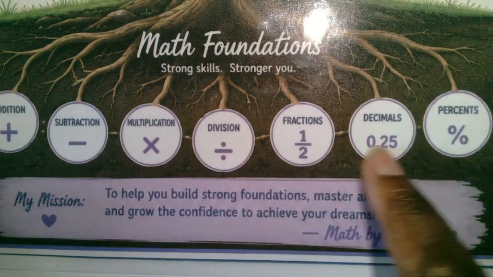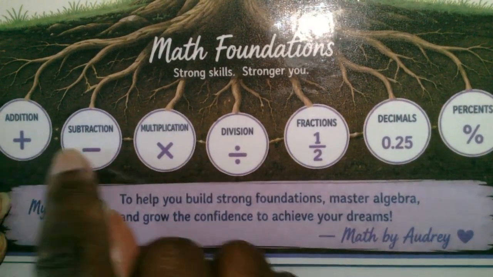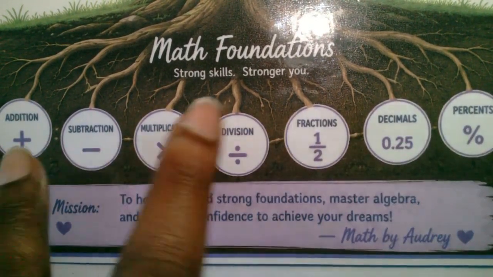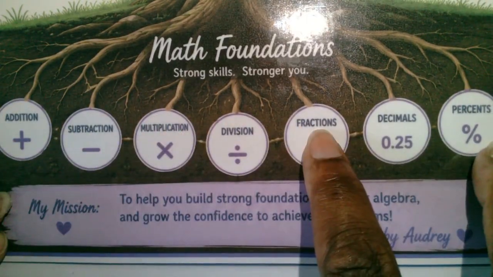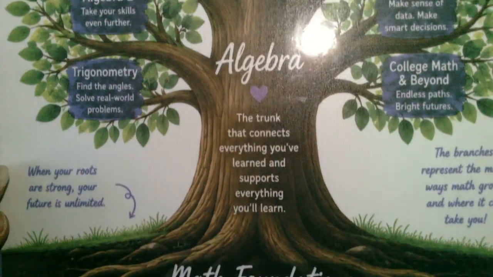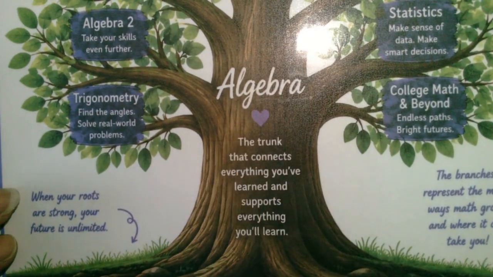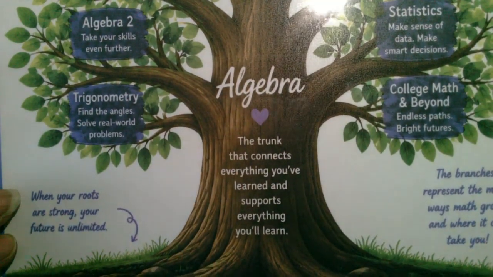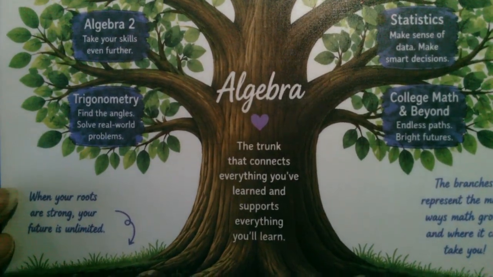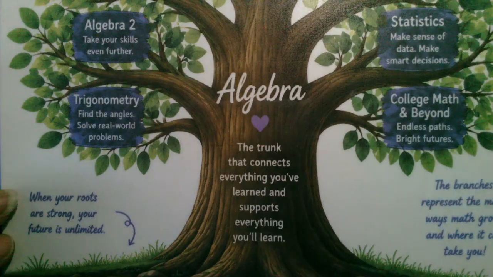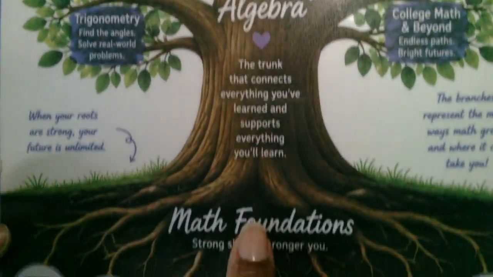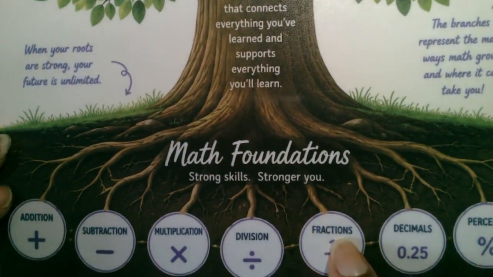These are like the foundational pieces that a lot of us are missing. And because we're not that strong with these things, when it's time for you to take algebra, it's a struggle. Okay? It's a little bit of a struggle. So that's why I'm just like, we need to develop our roots a little bit.